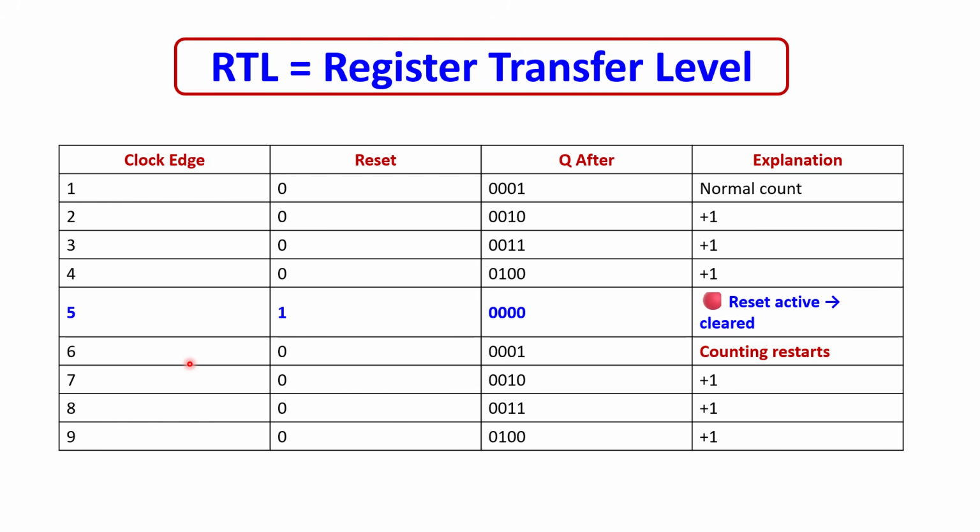And in the 6th cycle, we have to give the reset as 0 and start the operation. It starts from the beginning and performs the cycle. So reset 1 is for clearing and 0 is for continuing the operation. All these are performed when the clock moves from 0 to 1.